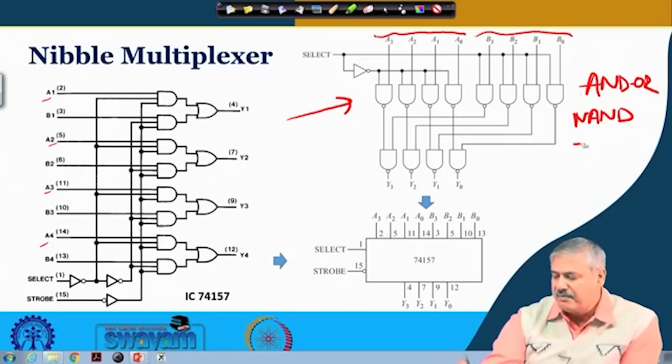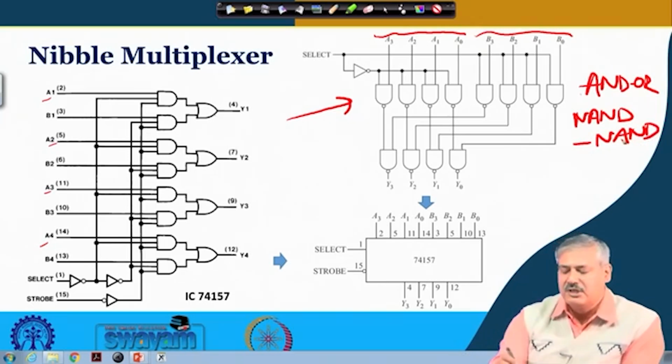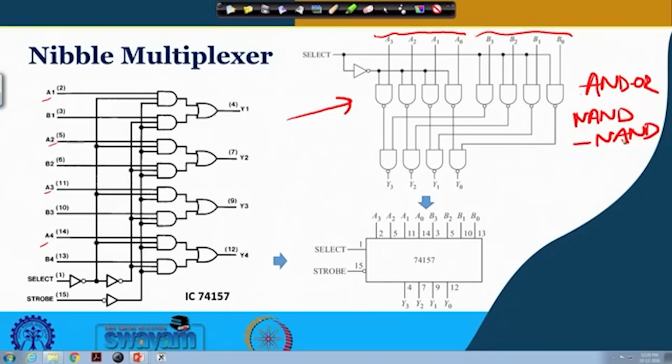The meaning remains the same. SOP realization using AND OR and NAND, so this is an alternate representation of the same circuit. What we see here is that when select is 0, Y3 to Y0 becomes A3 to A0, and when select is 1, then Y3 to Y0 becomes B3 to B0.